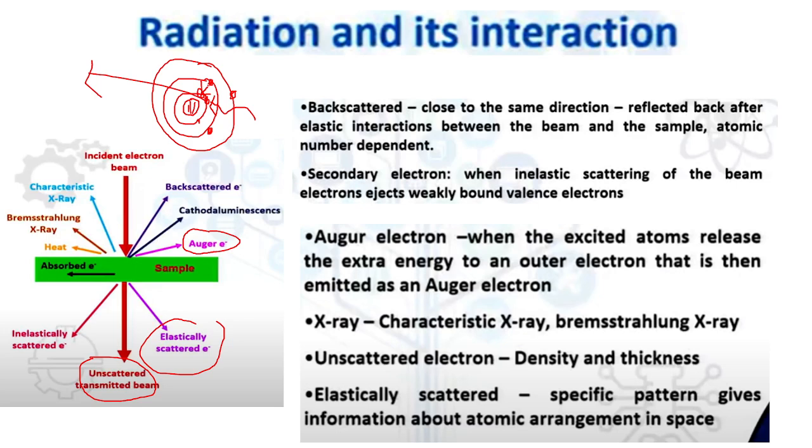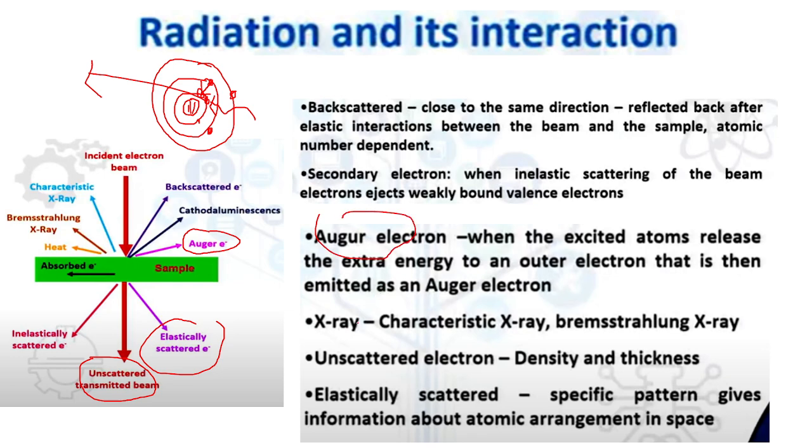For example, it can be radiated like X-ray, or it can eject another electron from another shell. When an outer electron is ejected, that is called the Auger electron. So after creating the vacancy, a higher electron from the other orbital comes down, and because of this, the excess energy ejects another electron from another shell. That electron is the Auger electron.